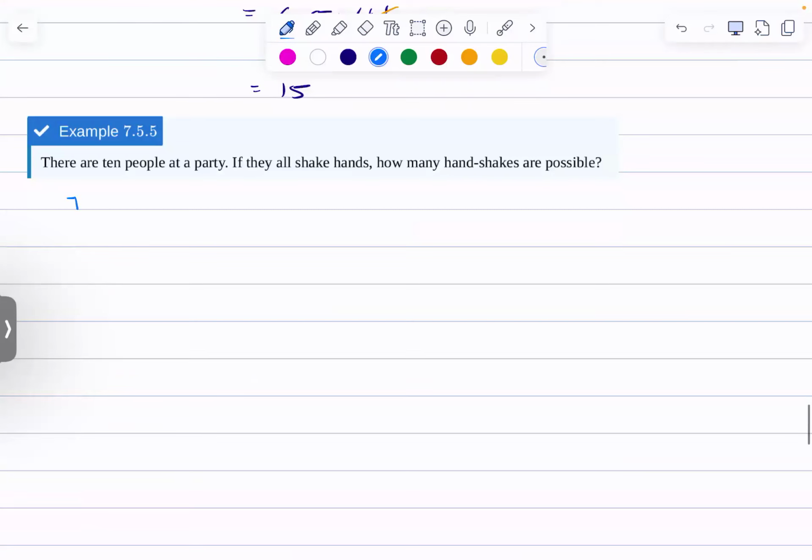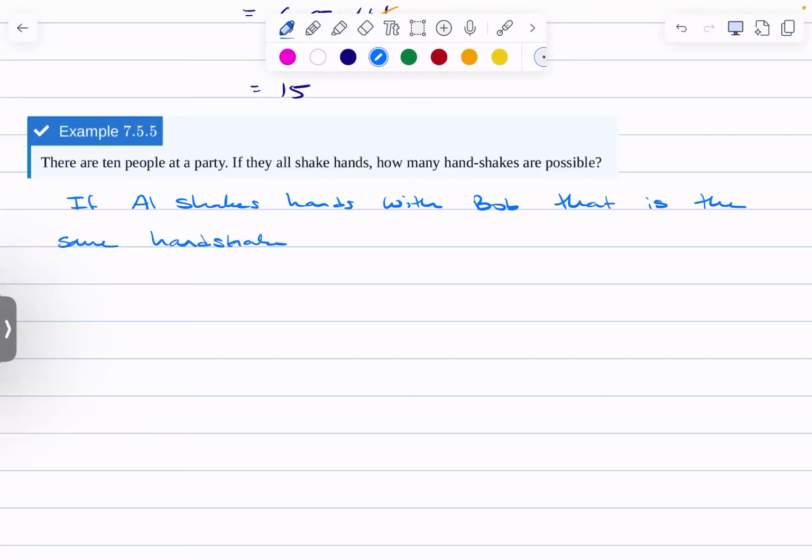So if Al shakes hands with Bob, that is the same handshake as Bob with Al. 2 birds, 1 stone, if you will.